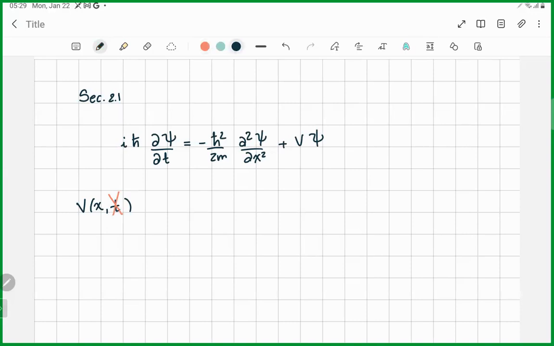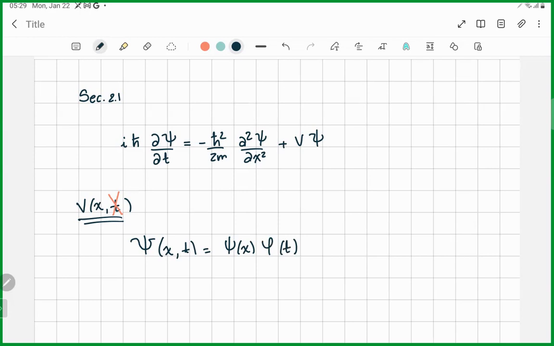As you will see, the solution for Schrödinger's equation, the wave function, which depends on position and time, can now be written, only in this situation, as a product of two functions, one that depends only on position and one that depends only on time.